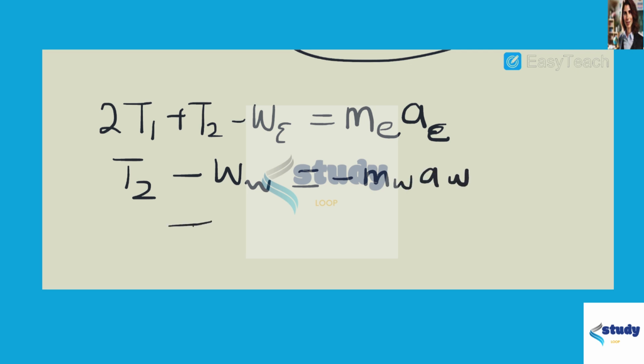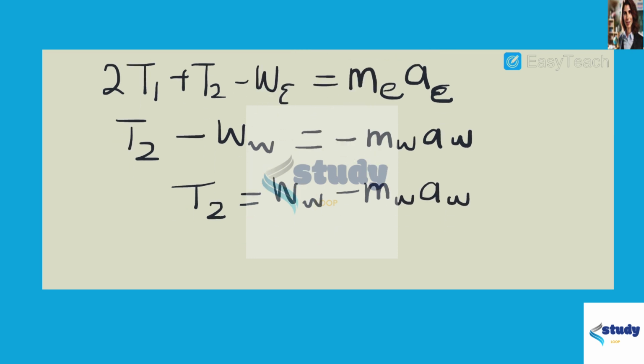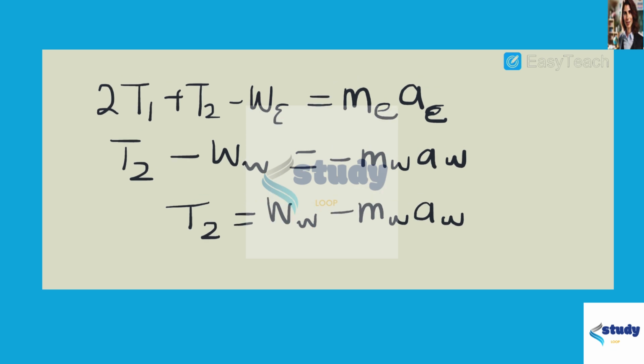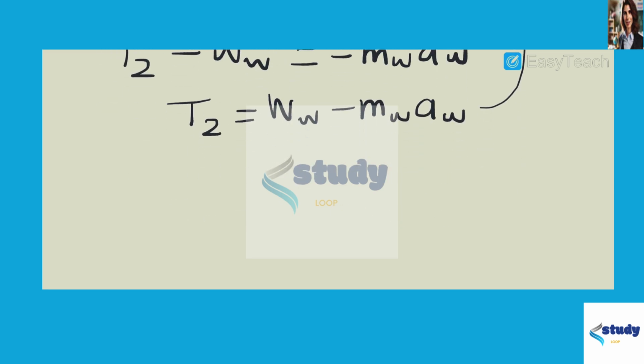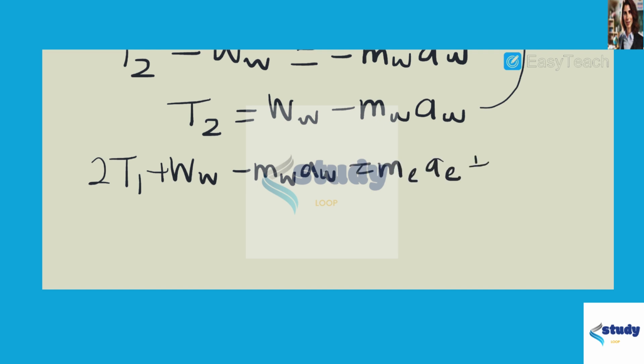Similarly, we're going to solve for T2, and we see that T2 is equal to WW minus the mass of the counterweight times the acceleration of the counterweight. Similar to before, we're just going to take this T2 and plug it in right there. What we end up with is 2T1 plus the weight of the counterweight minus the net force on the counterweight is equal to the net force on the elevator plus the weight of the elevator.